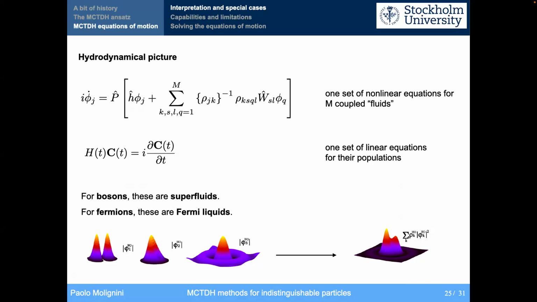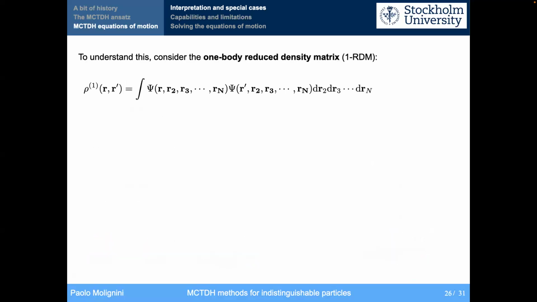And then basically what you do in your ansatz is take a weighted sum of all these superfluids with the populations. This picture comes from the reduced one-body density matrix, a quantity you can obtain. It's like a proxy for density, if you want.